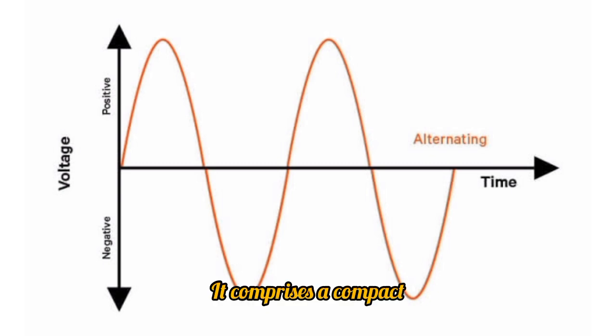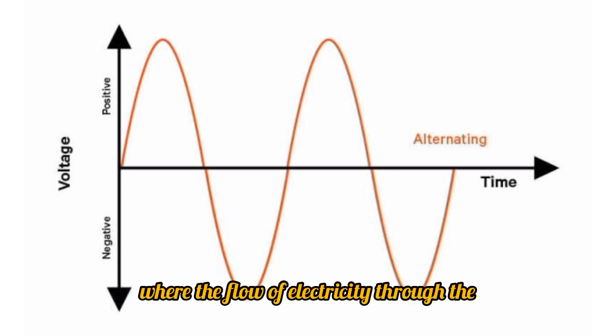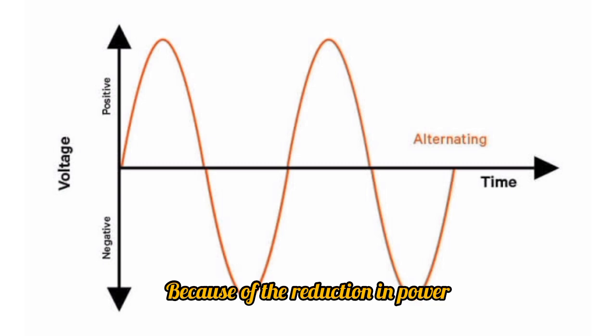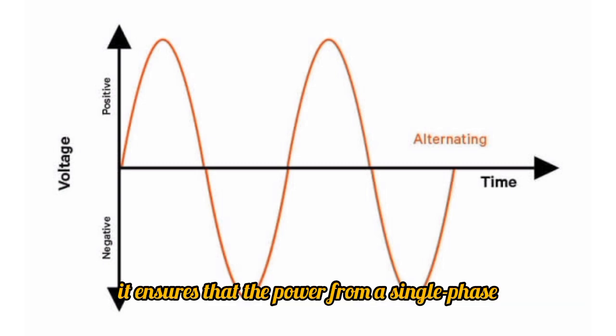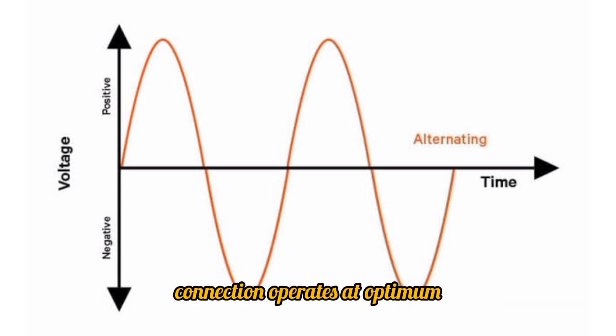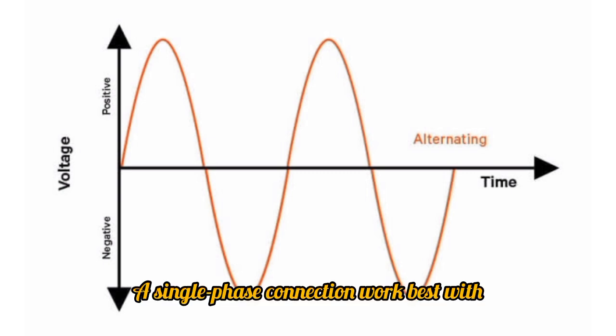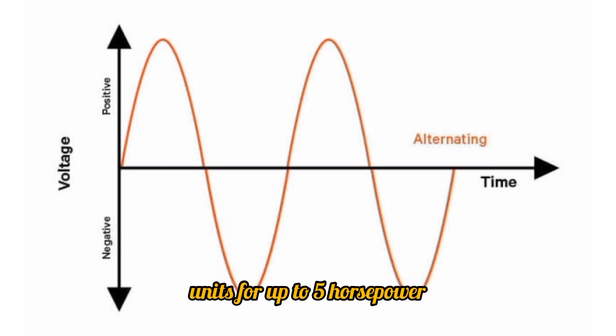It comprises a compact and lightweight unit where the flow of electricity through the wires will be lower if the voltage is higher. Because of the reduction in power loss, it ensures that a single-phase connection operates at optimum and transmits power effectively. A single-phase connection works best with units for up to 5 horsepower.